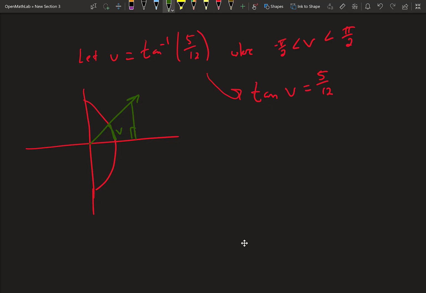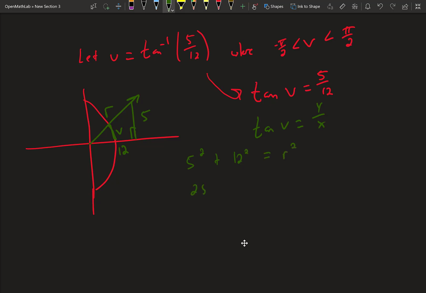Now remember that tangent of v would be equal to y over x, right? So the y coordinate is 5 and the x coordinate is 12. So we don't know r, which I'll just label here r. So then using Pythagorean theorem, we want to solve for r, we get 5 squared plus 12 squared equals r squared.